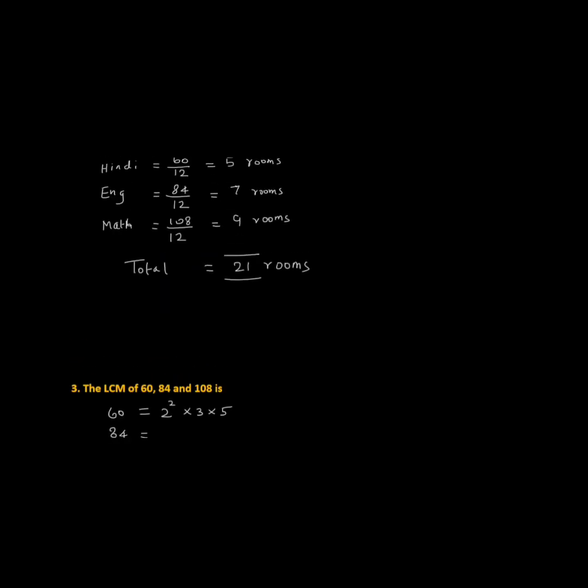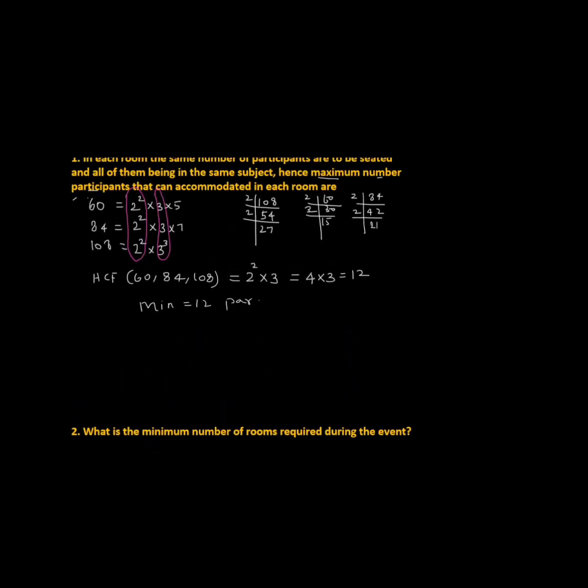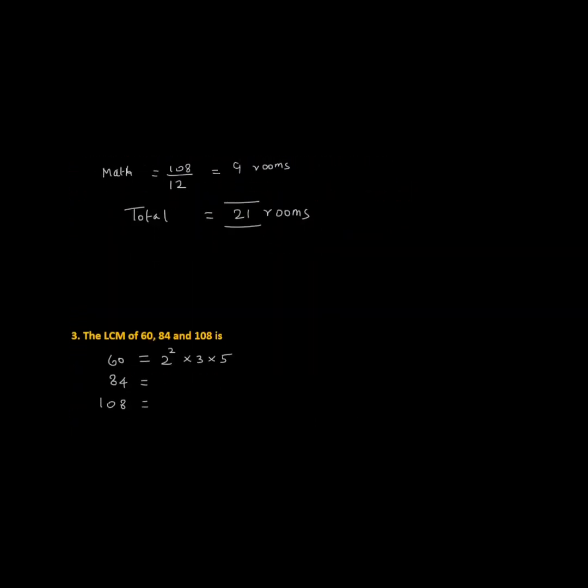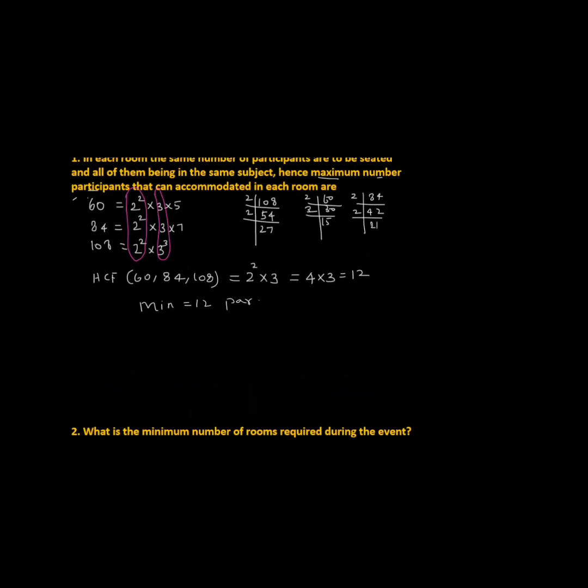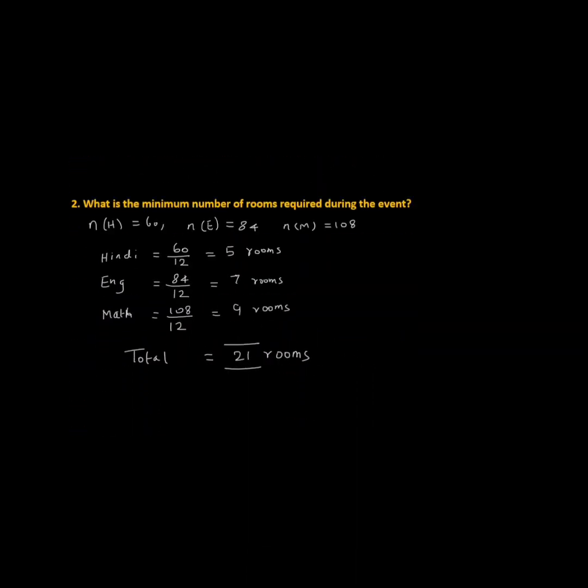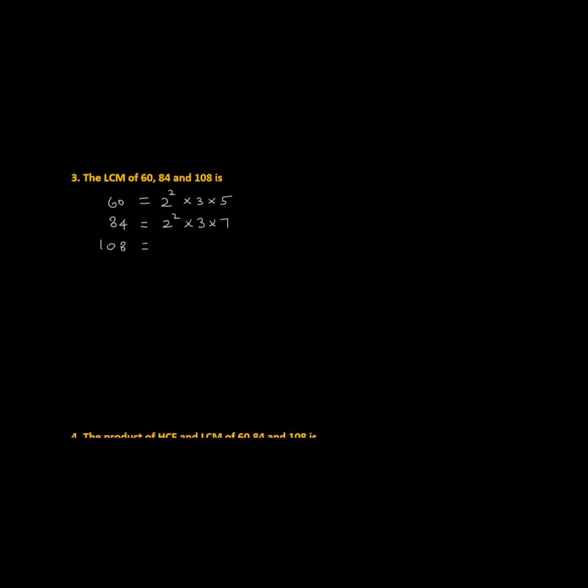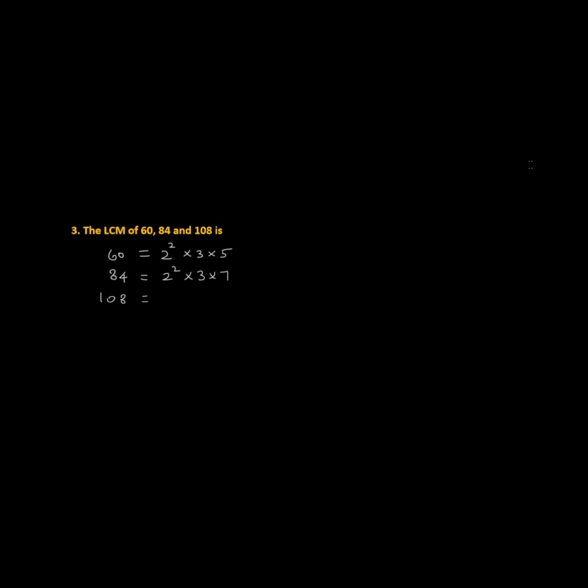Then for 84, 2 squared, 3, 7. So 2 squared into 3 into 7. Then for 108, 2 squared and 3 cube.